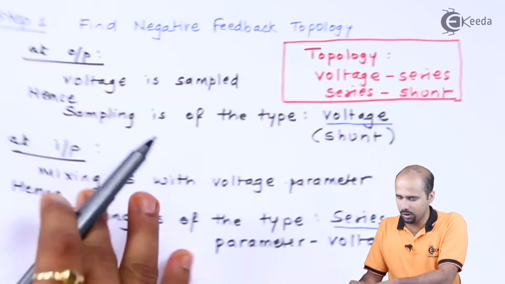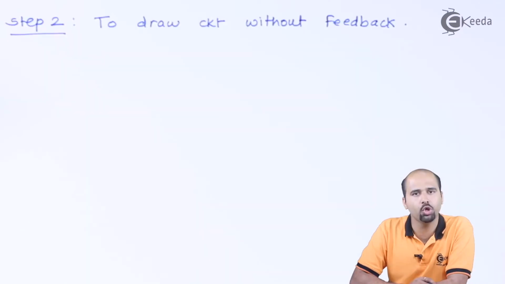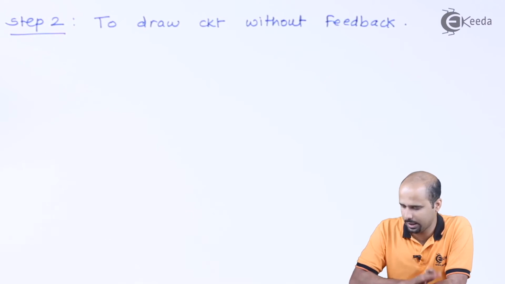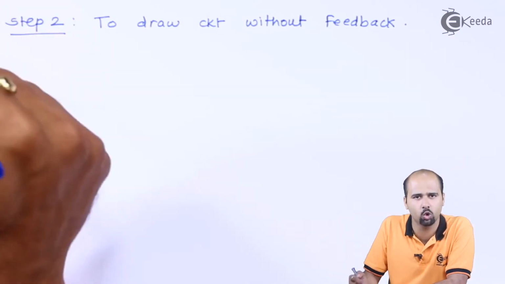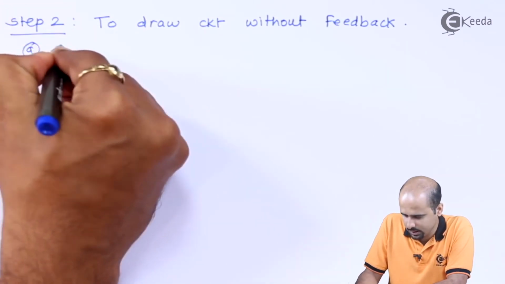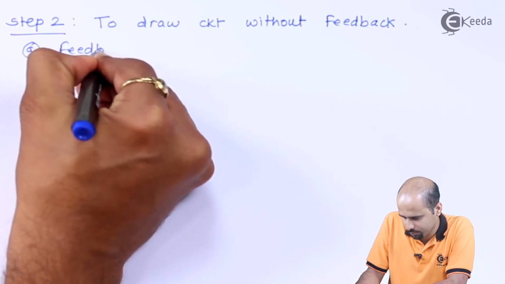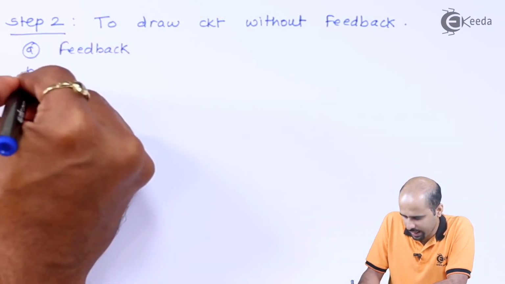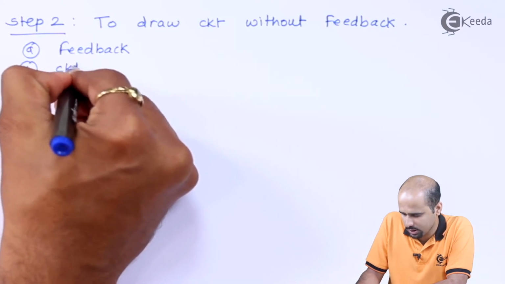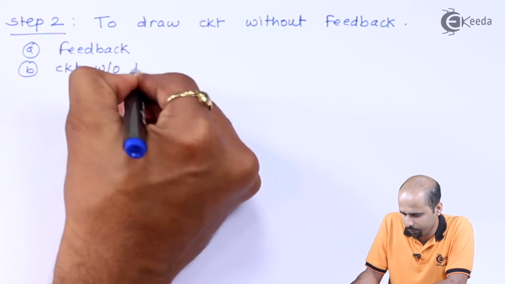Now we will move ahead to the second step, which is to draw the circuit without feedback. In that case we have two subsections. One is the feedback circuit, and B is the circuit without feedback.